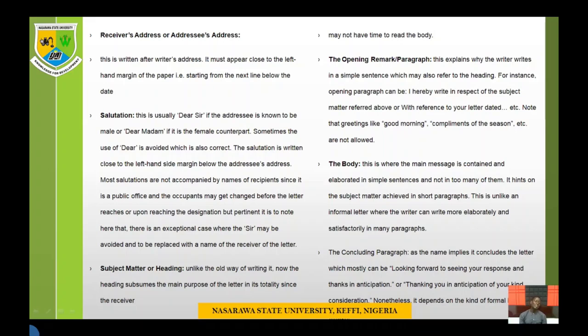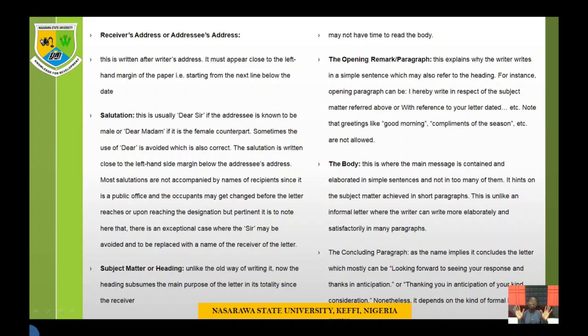The next one is salutation. This is usually dear sir, or even sir without the use of dear, if the addressee is known to be male, or dear madam if the addressee is female. It means you say dear madam when the recipient is female, or dear sir when the recipient is male.